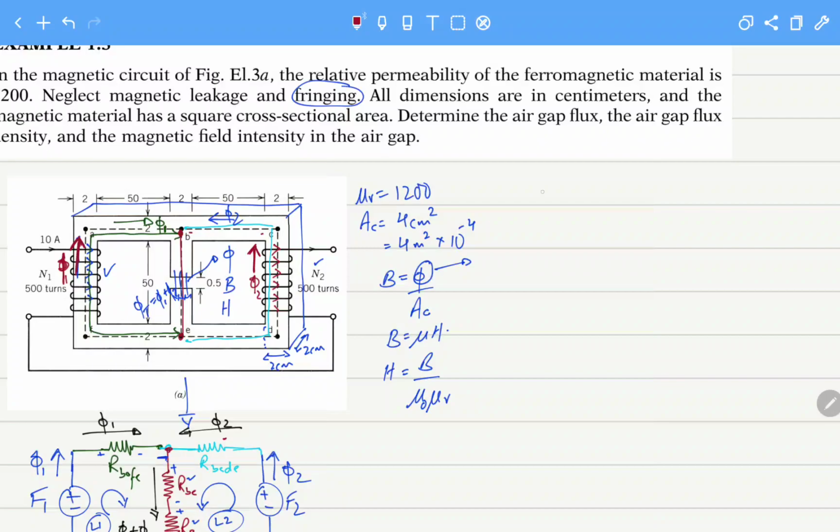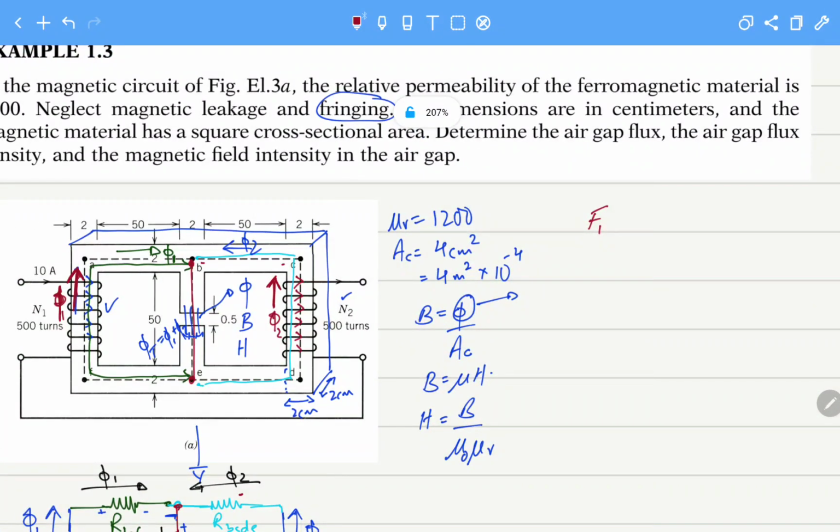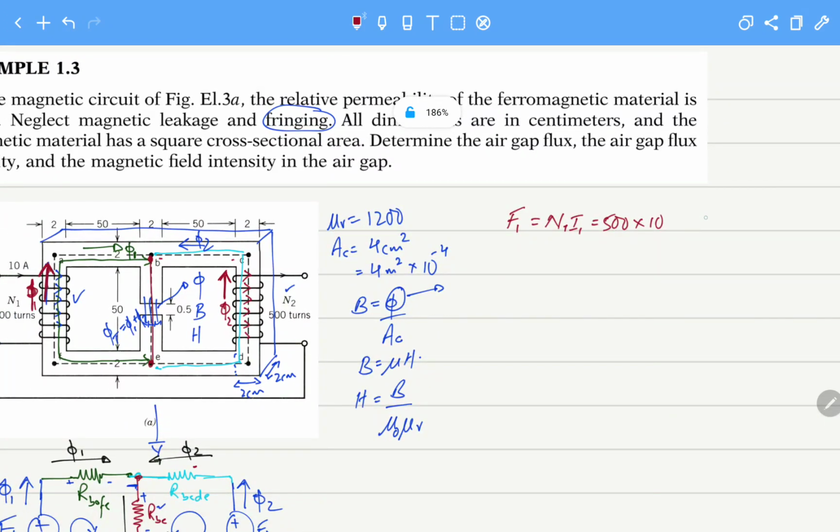F1 equals N1 and I1, and this will become 500 into 10 ampere. So we have the value 5000 ampere turns. So we have F1. Can we calculate F2? Yes, N2, I2, we have N2, it's 500 turns.